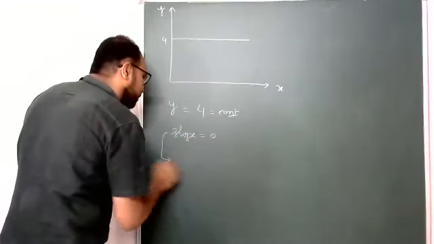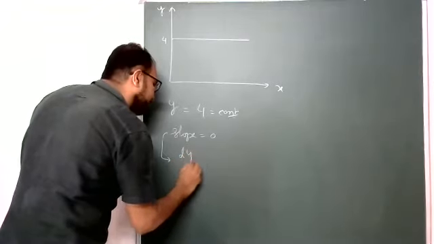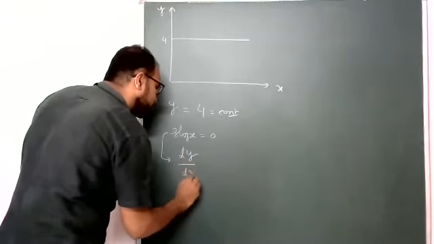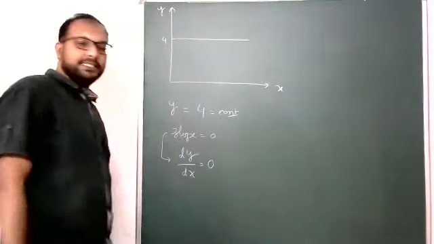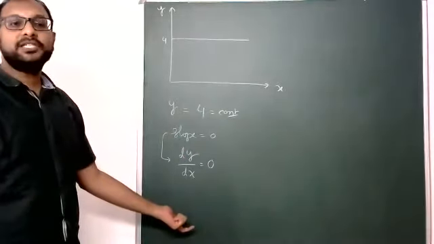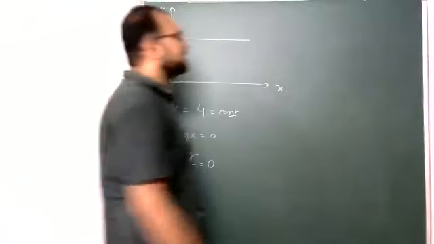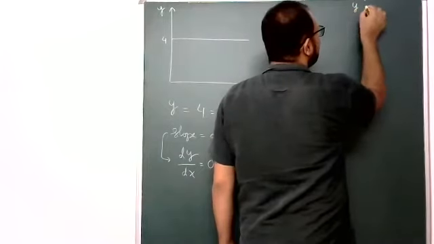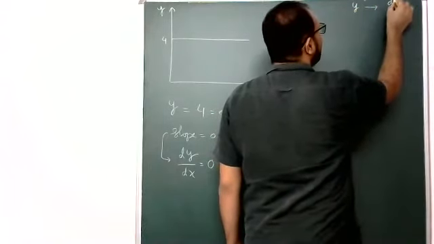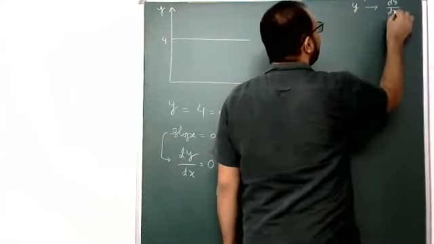But students, now we know slope is nothing but the derivative of y with respect to x. That means if y is a constant, its derivative is 0. So that means students, here I am writing some functions. This is y and it is dy by dx.